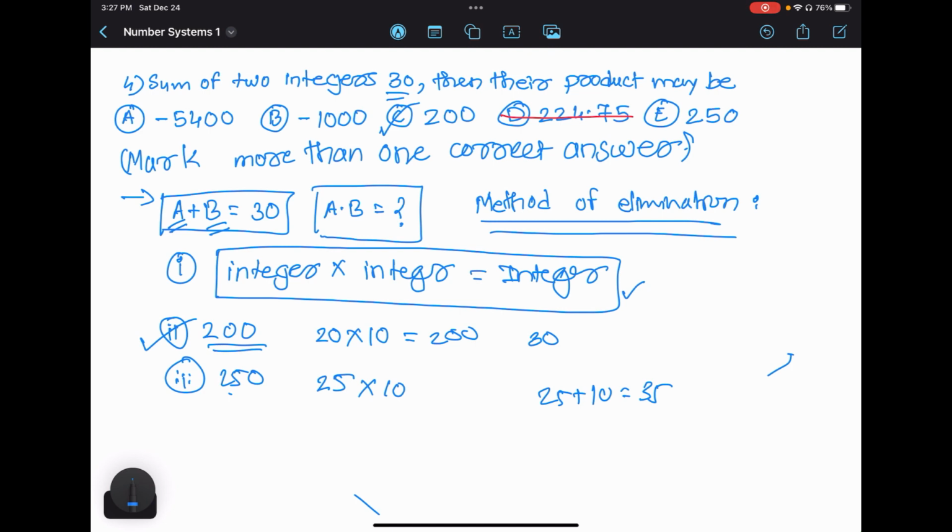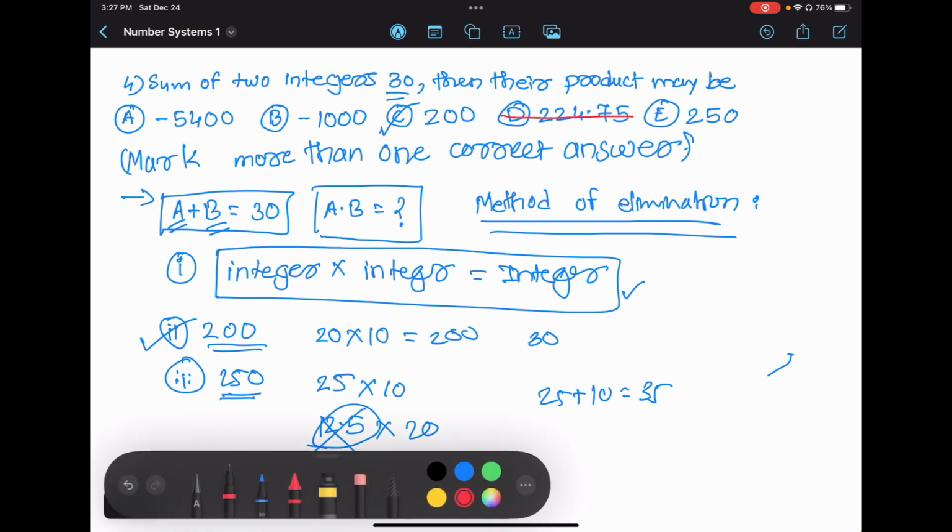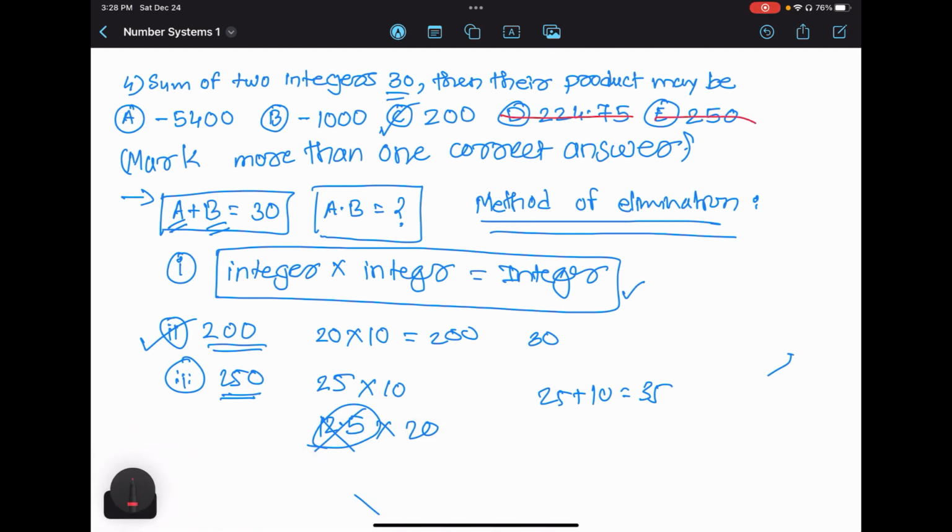The other attempt is 12.5 multiplied by 20, but as soon as we try that, it is not an integer, so this cannot be an answer. We can neglect it and consider it is not one of the answers.